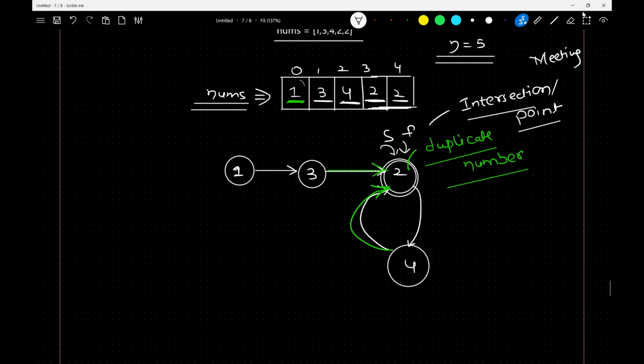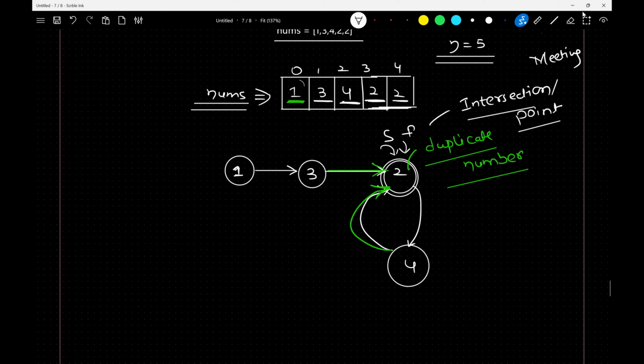Once you get that meeting point, hold the fast pointer there only, and initialize the slow pointer again at the very first node, nums of 0, whatever element is available. Now again, do the same thing, but at this point of time, both of the pointers move 1 step at a time, until they meet at the same point. So now, move only 1 step, both of them.